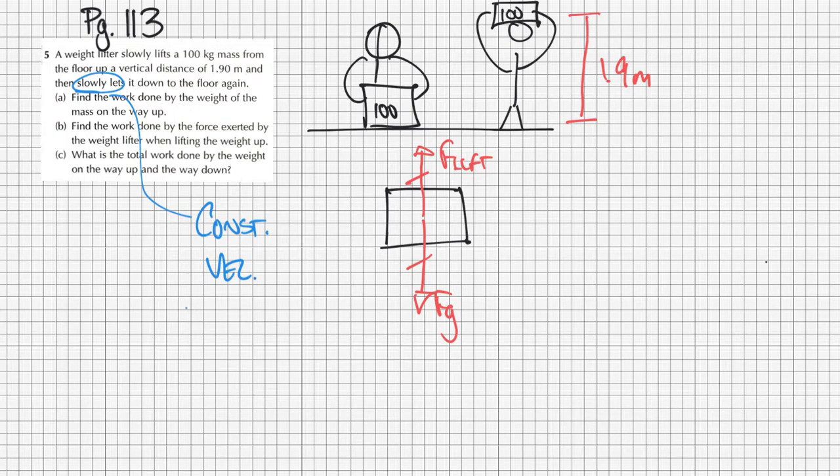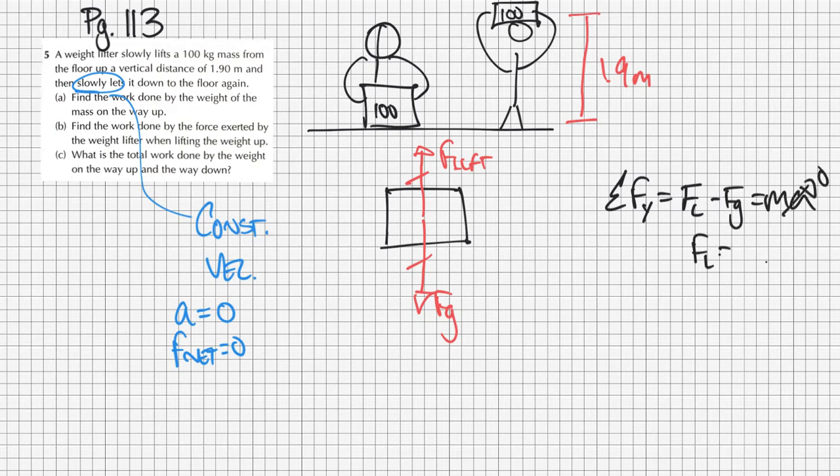And so with a constant velocity, we know our acceleration is 0, and we also know that our net force is also 0. So from the sum of my forces in the y direction, we have our force lift minus our force of gravity, and that equals mass times acceleration. This is 0, and so then our lift force is equal to our force of gravity, or our weight.